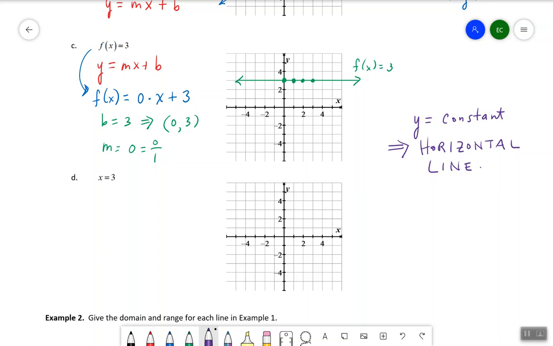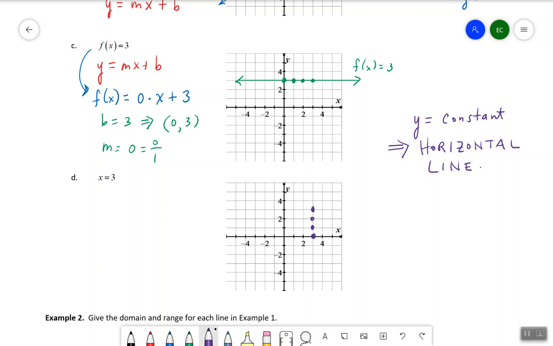If y equals 3 is a horizontal line, then maybe it makes sense that x equals 3 is a vertical line. And so when this says x equals 3, that means x must be 3, and then y can be anything.